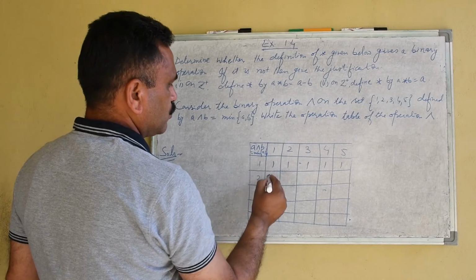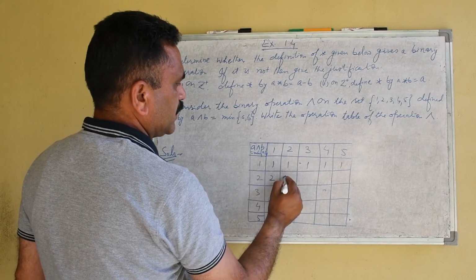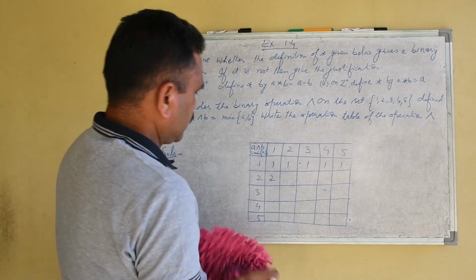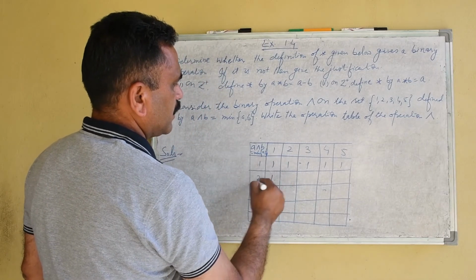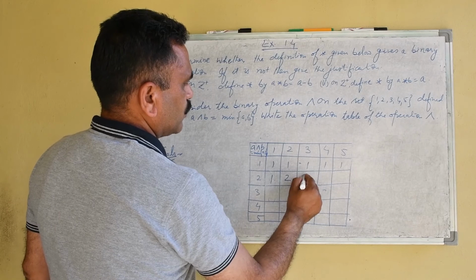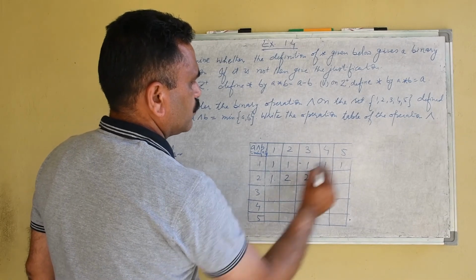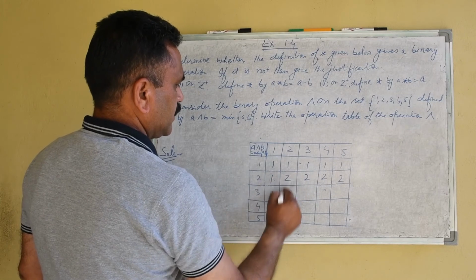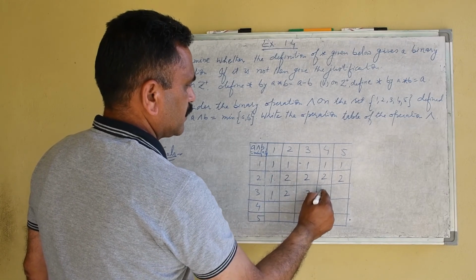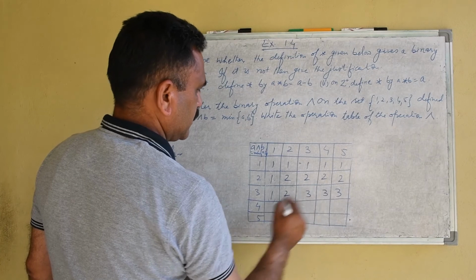Now 2 and 2, the minimum value is 2; 2 and 3, it is 2; 2 and 1, it is 1. Then 2 and 4, 2; 2 and 5, 2. Then again 3 and 1, 1; 3 and 2, 2; 3 and 3, 3.